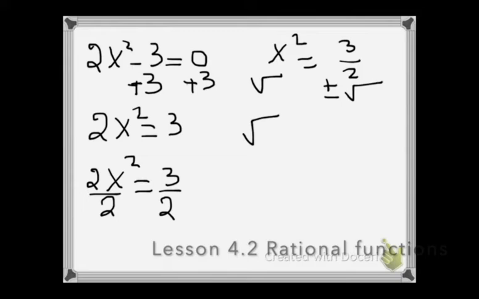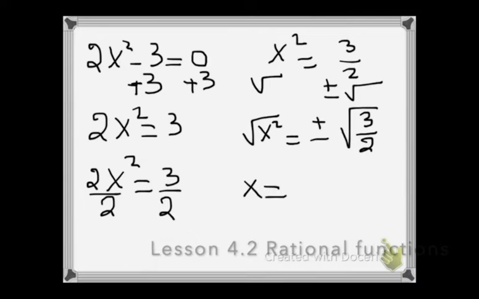So it goes as such: the square root of x squared equals positive or negative square root of 3 over 2. So the final answer, if we use the calculator, becomes x equals plus or minus square root 6 over 2. Plus or minus means I have two answers for the VA.